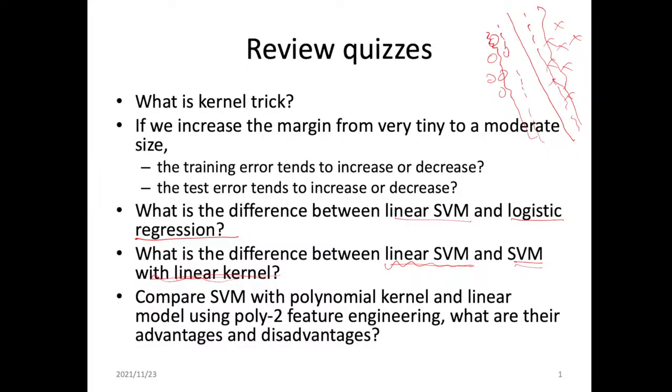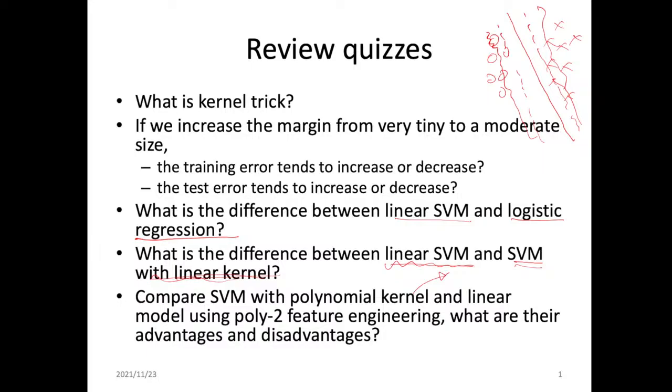Okay, next question. Compare SVM with polynomial kernel and linear model using polynomial two feature engineering. What are their advantages and disadvantages? Also here, I have to be more specific.